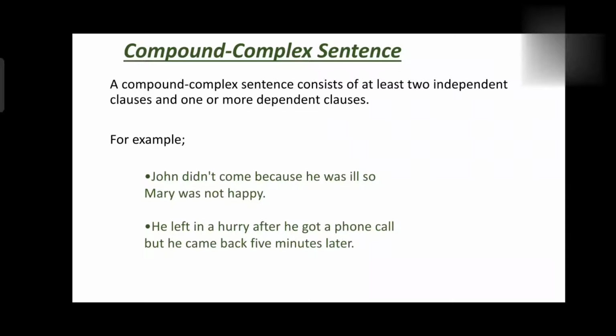John didn't come is an independent clause, and because is a subordinate conjunction, and he was ill is a dependent clause, so is a coordinating conjunction, and Mary was not happy is an independent clause.